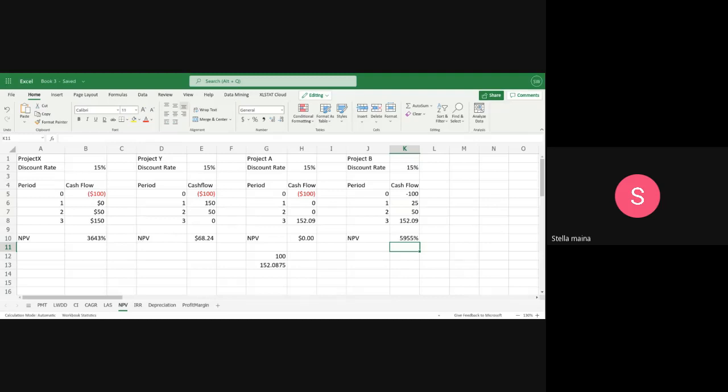Wait a minute, 152, 50, 25 minus 100. Let me confirm how I have it. Let me first put the $100 in brackets so that we get K2, K6, K8. Yeah, so it becomes 59.55. So it gives us a positive NPV.